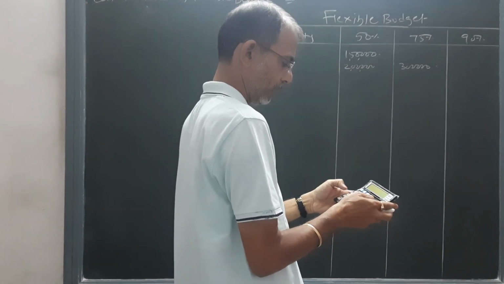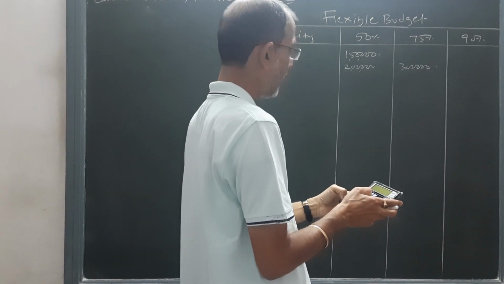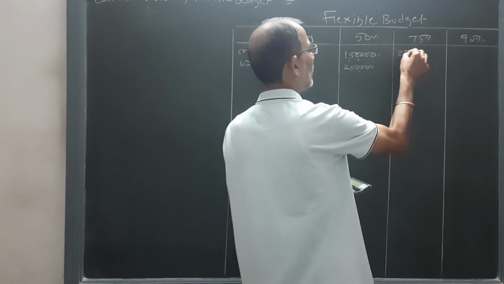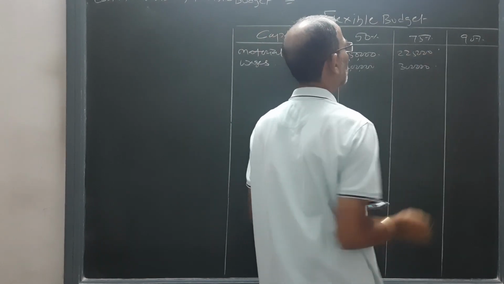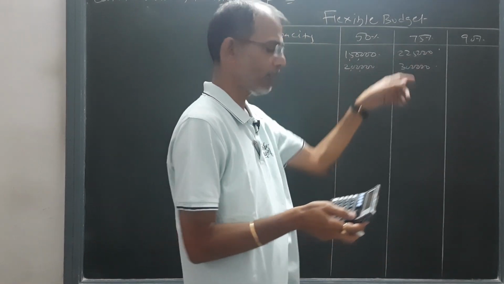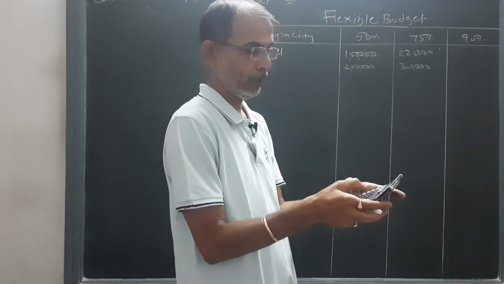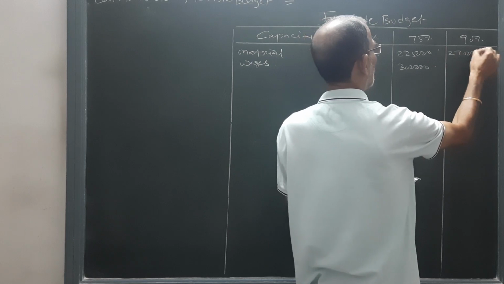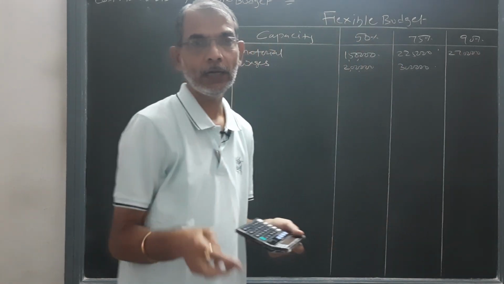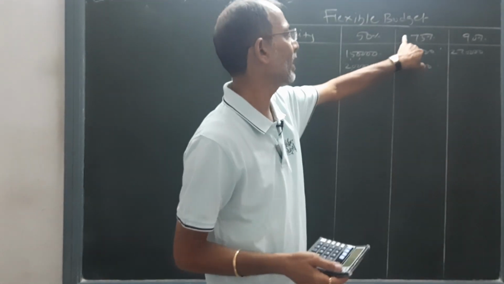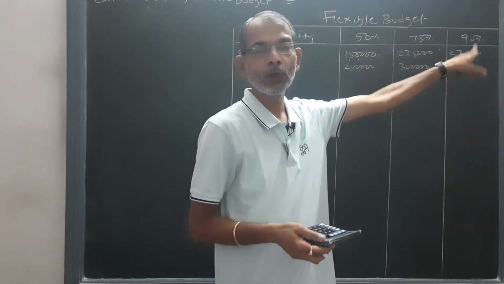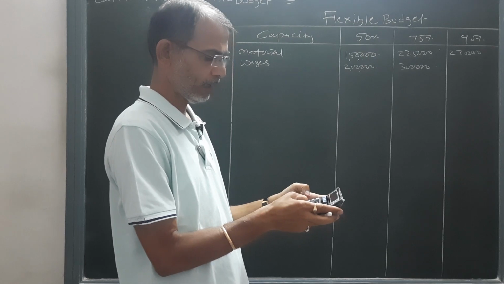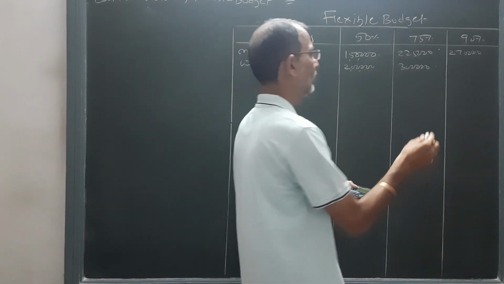Similarly, 150 divided by 50 into 75, that will be 2 lakh 25. Now divide by 75 into 90, 2,70,000 will be the cost of material at 90% capacity. 225 divided by 75 into 90. Now 3 lakh divided by 75 into 90, that will be 3 lakh 60,000.